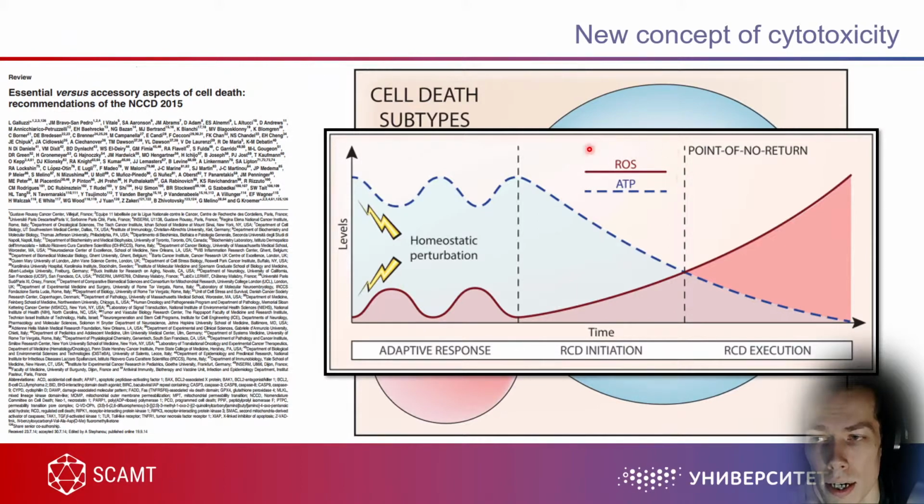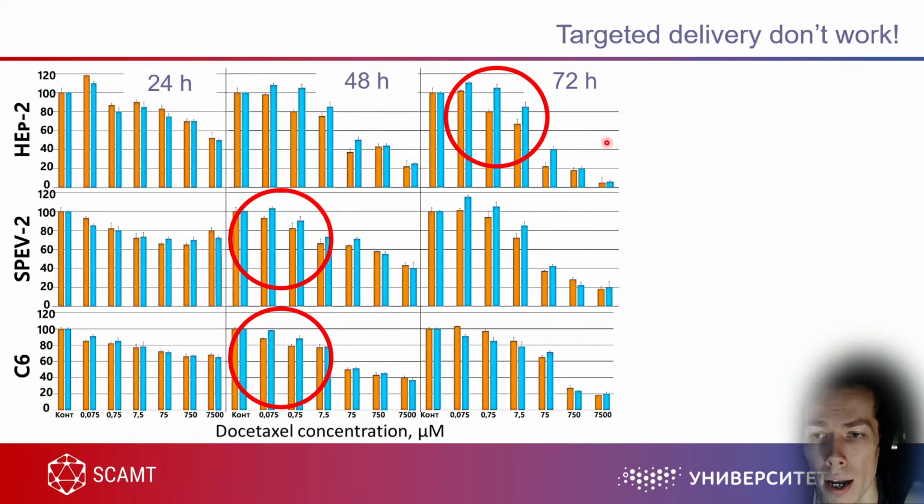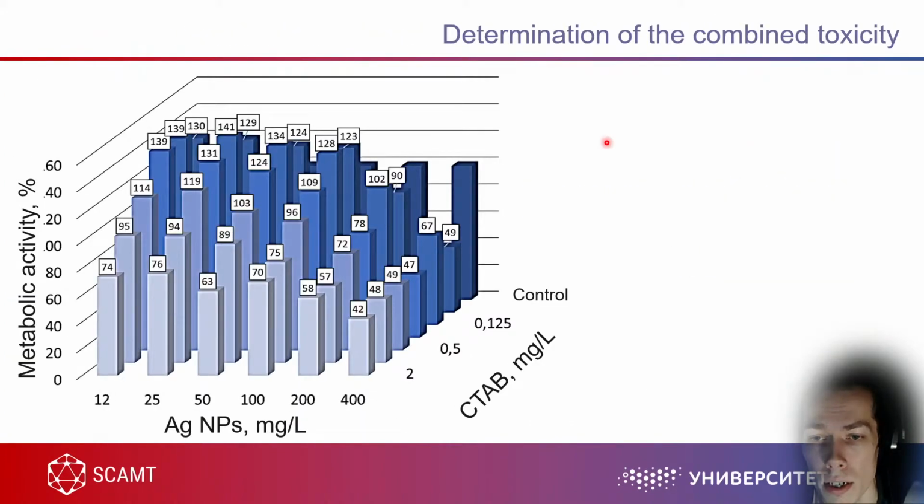And what is the cause of this fluctuation? Well, the cells start to produce antioxidant molecules, basically glutathione, dehydrogenases, catalases and so on, to combat these reactive oxygen species.